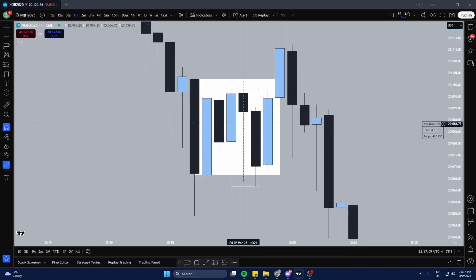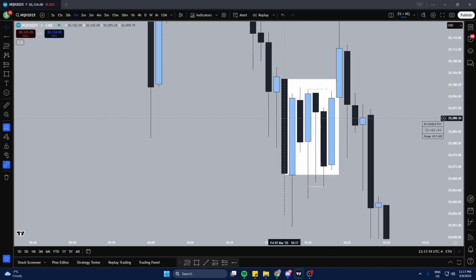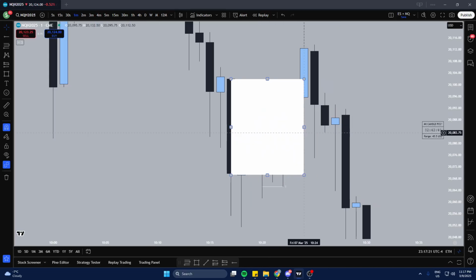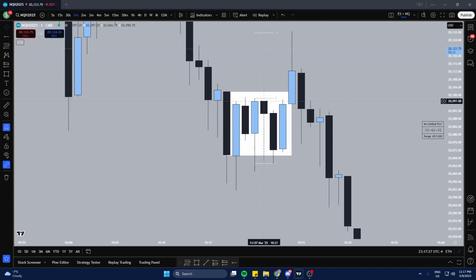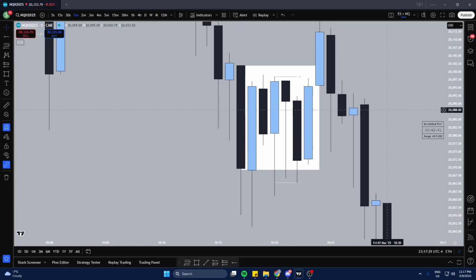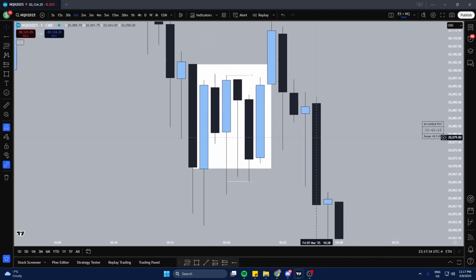Honestly, the accumulation is usually about five candles. It looks very similar to this a lot of the days that it forms, and this plays out literally every single day. So this is a strategy in itself.